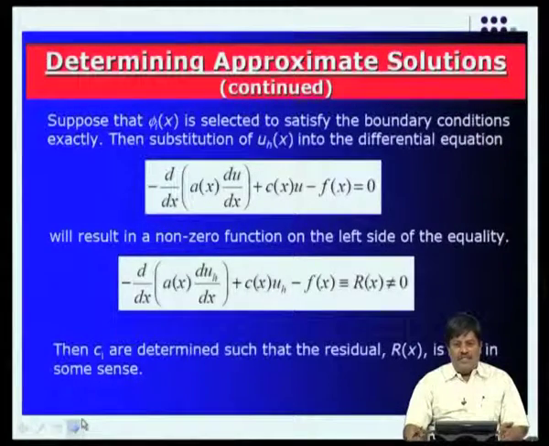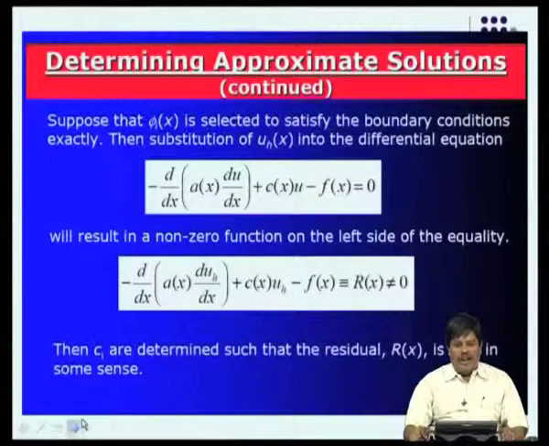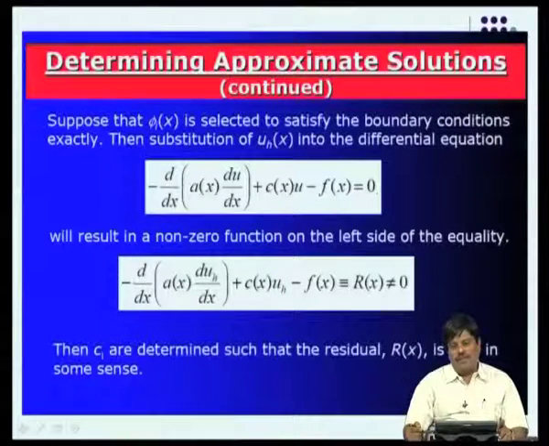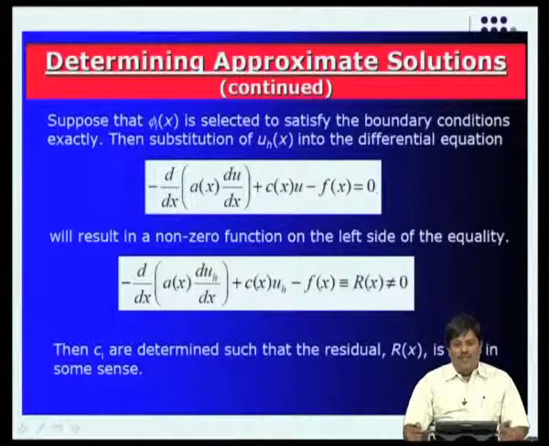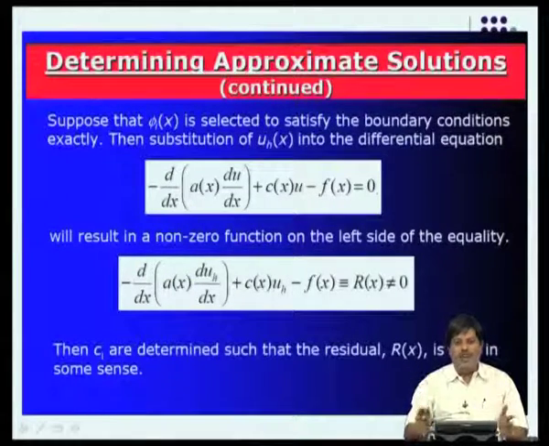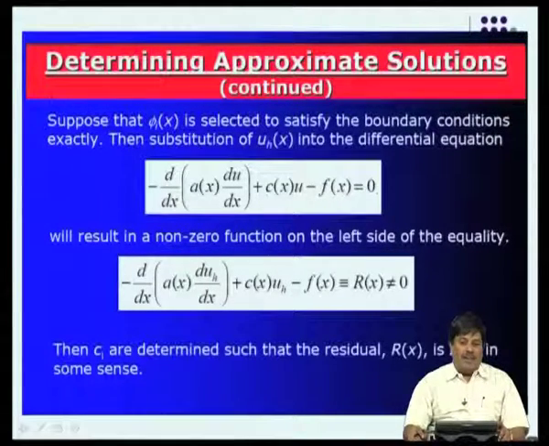Let us revisit the same equation now. Suppose we choose phi of x as a summation, a linear combination of the phi of x, as the solution, and we substitute this into this equation. Obviously, this will not be satisfied exactly, because we already said that we are choosing phi of x that satisfies only the boundary conditions exactly, but not the governing differential equation.